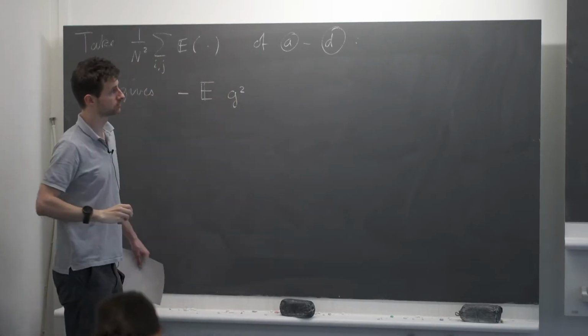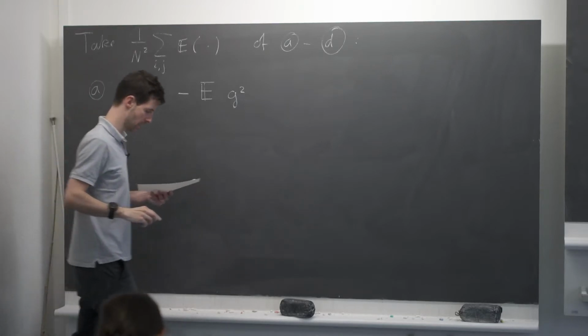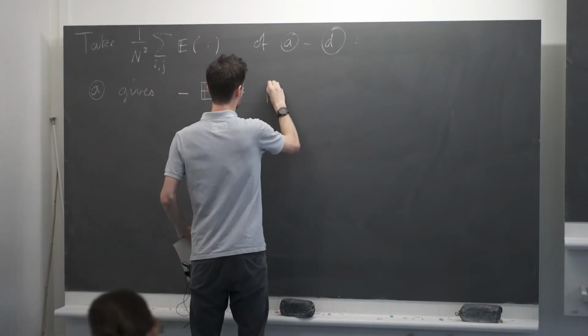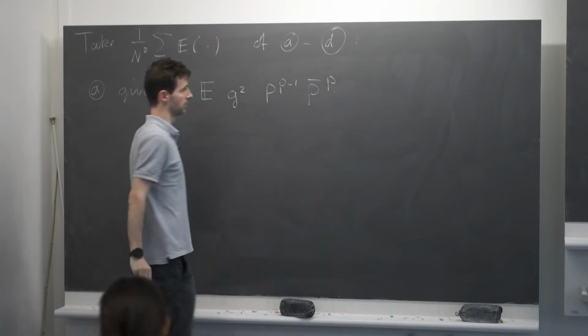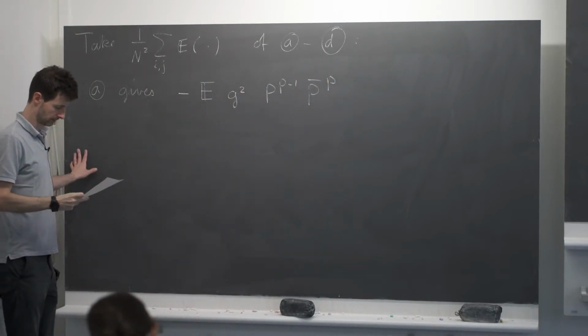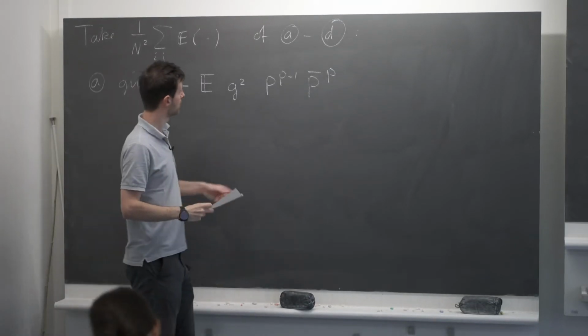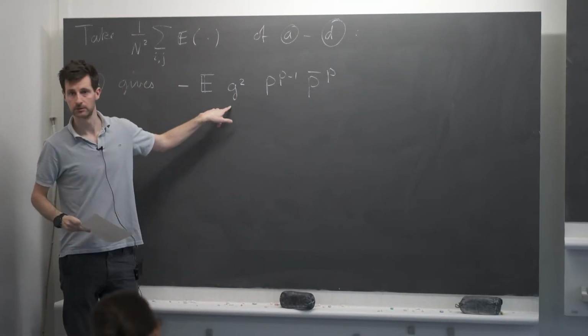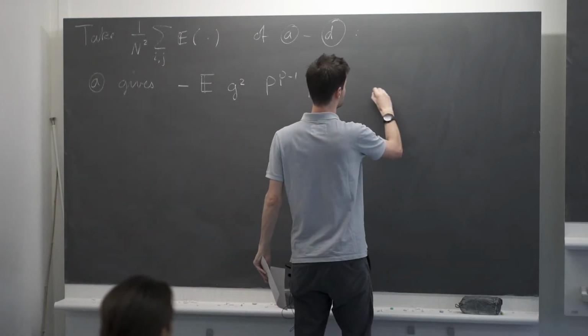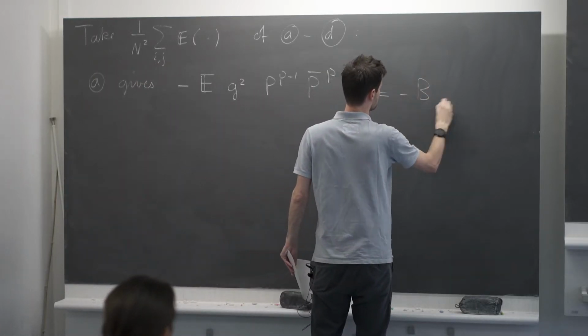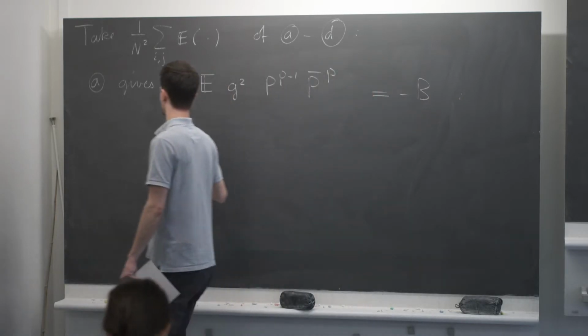I get 2 little g's from the averages over i and j, and P to the p minus 1, capital P to the p. Wow. And this term is exactly equal to minus B. It's an exact cancellation.